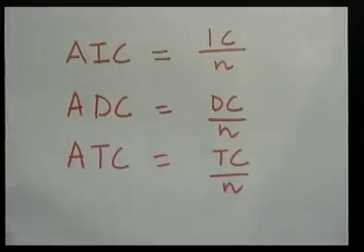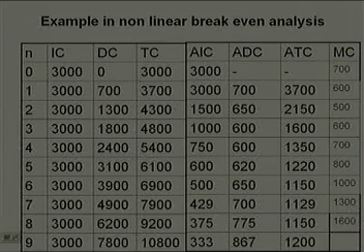And how do I calculate the marginal cost? The last column, it may not be that clear to you visibility wise, but it is the difference: how much extra you have to incur in order to produce 1 extra unit. For example, the total cost that you are incurring in producing 1 unit is 3700, and if you are not producing anything, that means 0 production, you are still incurring 3000.